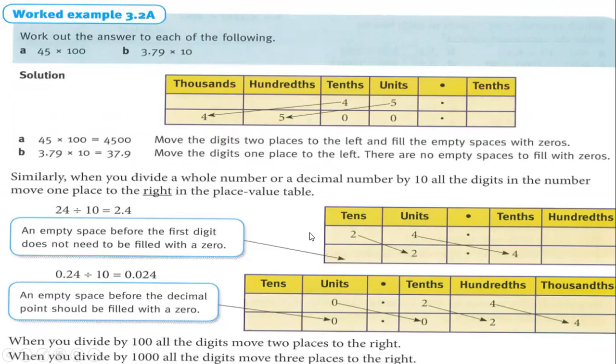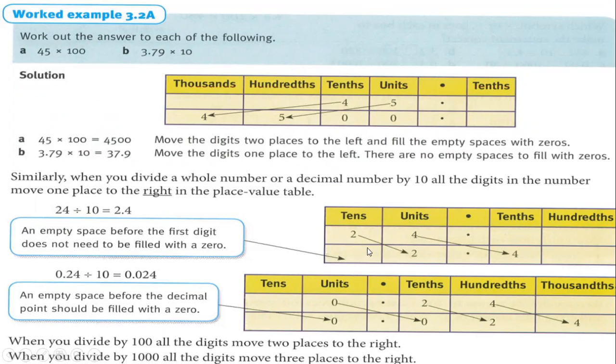Okay, now let's talk about division. Division by 10 means one zero, so it moves one step backward. If you have two zeros, it moves two steps backward.